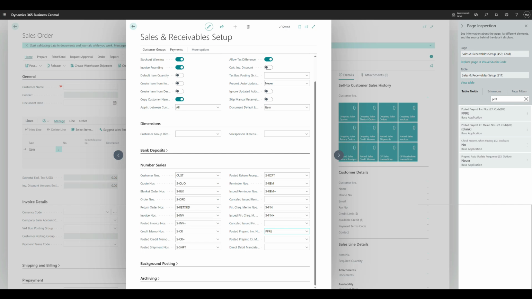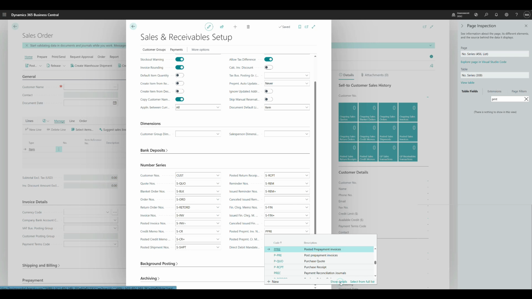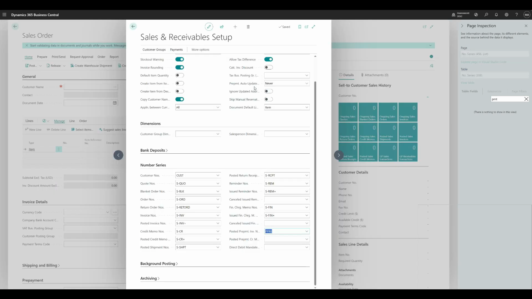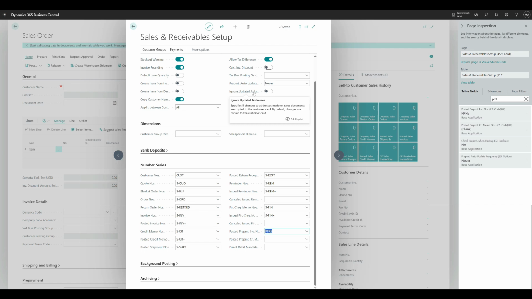I created one for prepayment invoices. You should do the same. It's pretty much the standard number series, and those would be the only two setups needed to make the prepayment work.